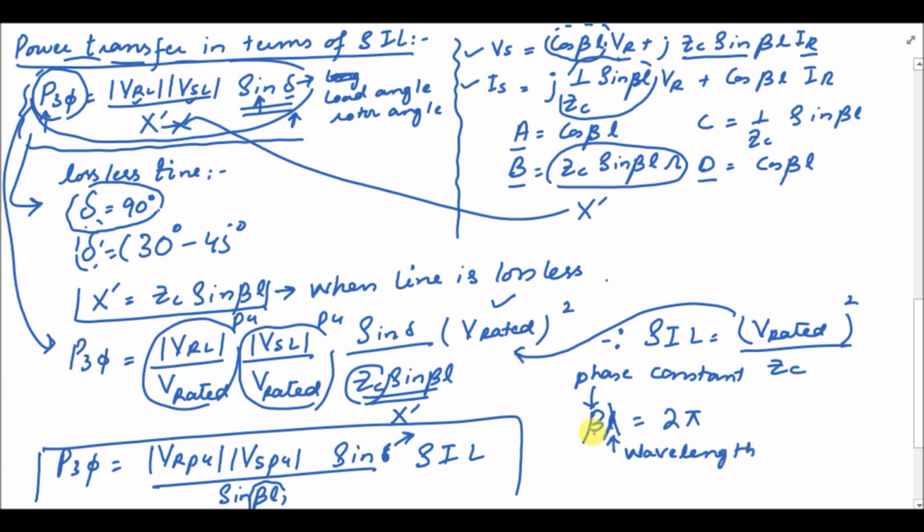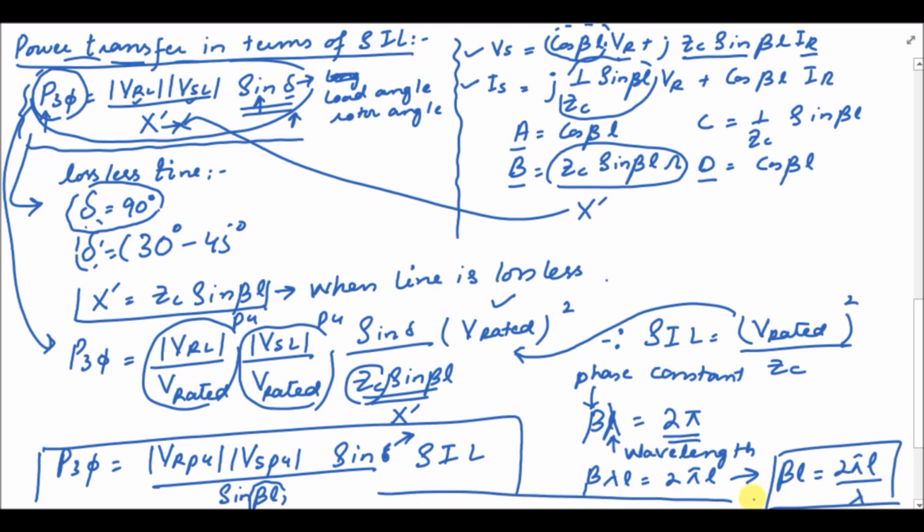Whenever you measure the phase constant over the whole wavelength, the angle should be equal to 360 degrees, which is 2 pi. So beta lambda equals 2 pi, and the final formula will be beta L is equal to 2 pi L over lambda. Whenever you are using this equation, you will use the beta L value, which is equal to 2 pi L over lambda.